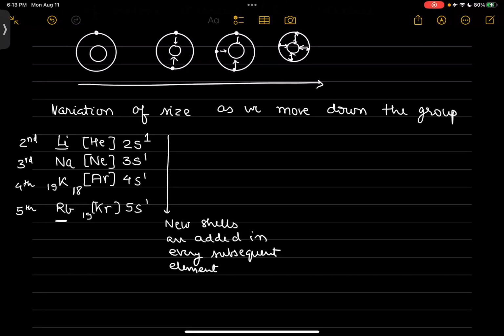Why? Because size depends upon the outer shell. As you move down, will it be more or less? You have the second shell, then the third shell, where the outer electron is placed in 3s. Then the fourth shell, the fifth shell. As you move down, the outer shell is increasing. Got it? Yes.